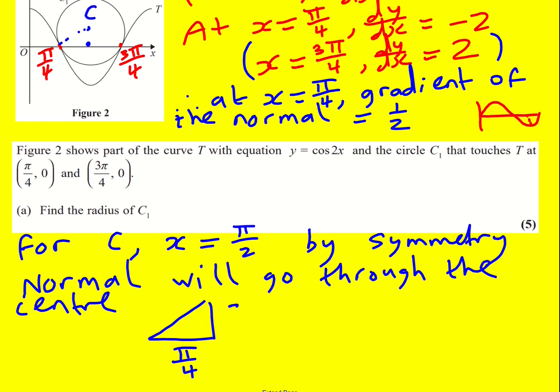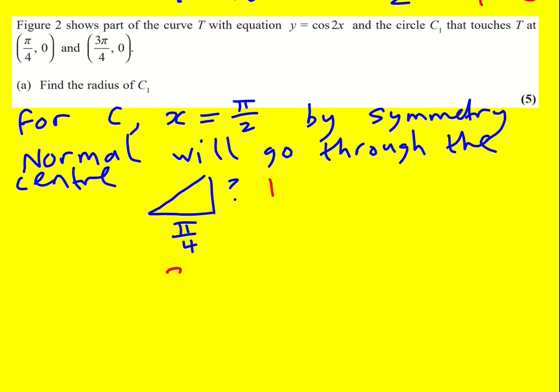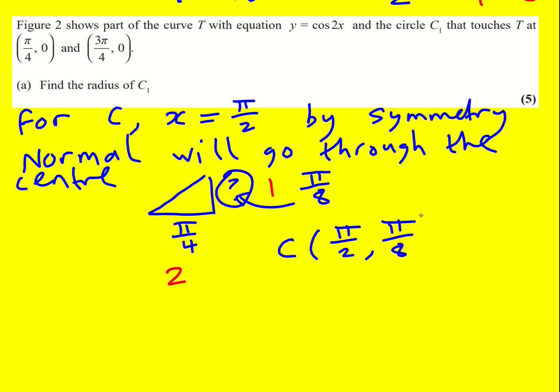So we just need to work out what we're going up. We also know that the normal gradient is a half. So if I go along 2, then I go up 1. It's just going to be a half of whatever is here, which is pi over 8. And therefore, the center is pi over 2, pi over 8.